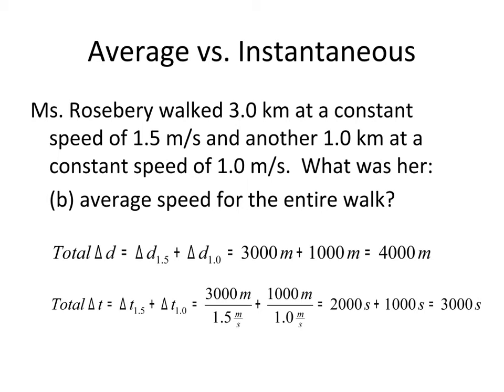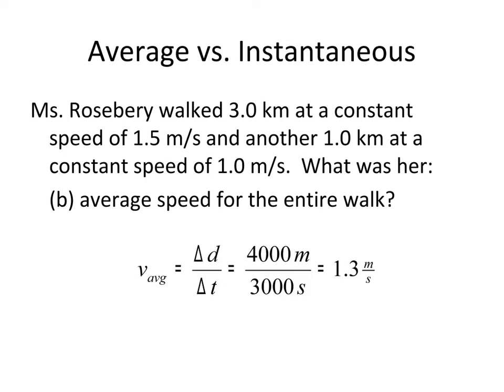The total time: time is equal to the distance that she travels over her speed, and so we'll do that in 2 parts. So here's the time that she takes to do the first part of the trip, and here's the time that she takes for the second part of the trip. So 2,000 seconds plus 1,000 seconds, which is 3,000 seconds. Now that we have those 2 values, we can divide the total distance by the total time, and we get 1.3 meters per second for her average speed, using those values for the entire trip.